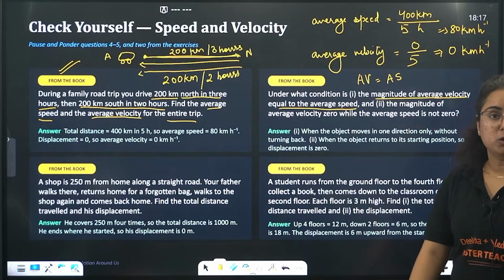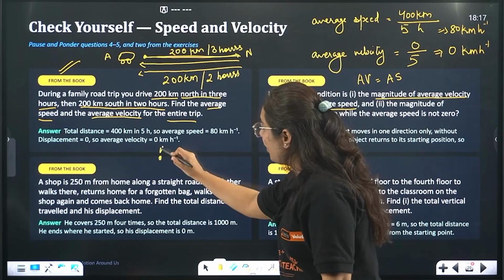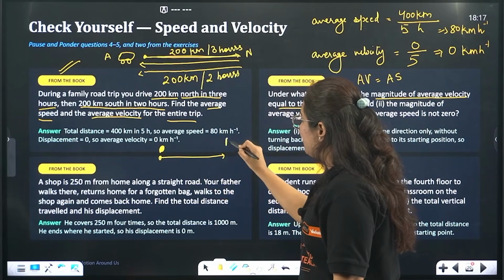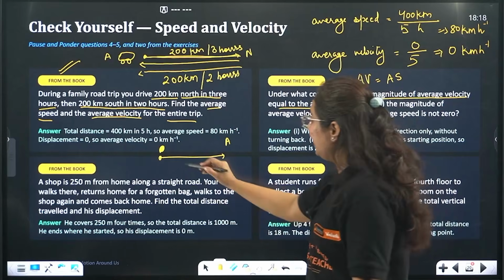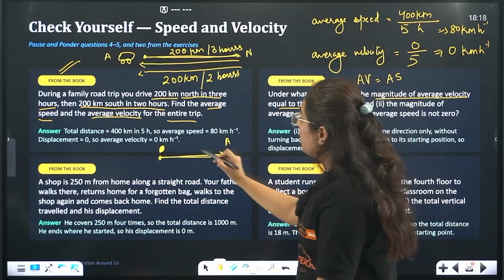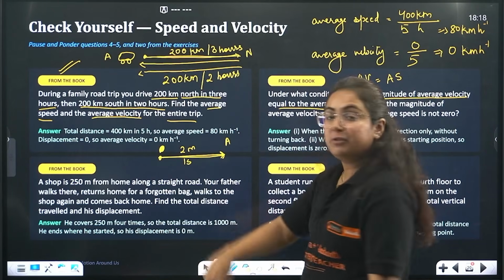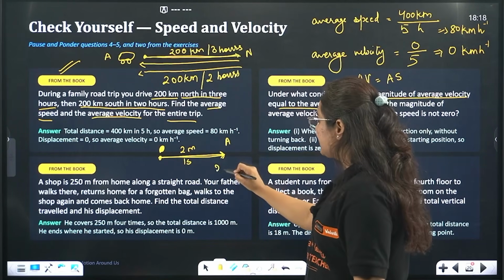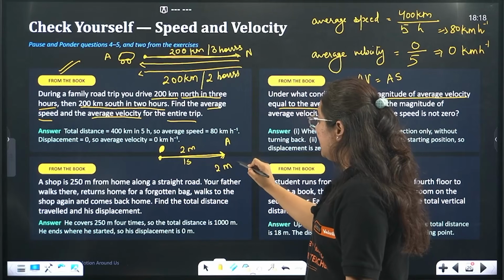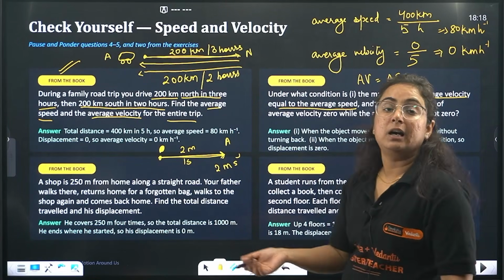When your object is moving in the same direction, like the object was at point 0 and moved towards point A, now tell me the average speed. For example, you covered a distance of 2 meters in 1 second, then what will be your speed? 2 meter per second. The same will be your velocity too.